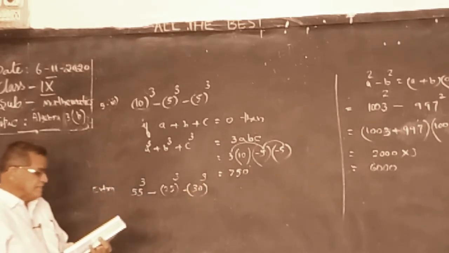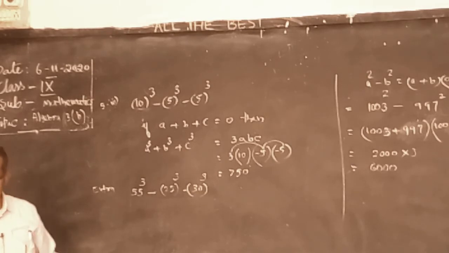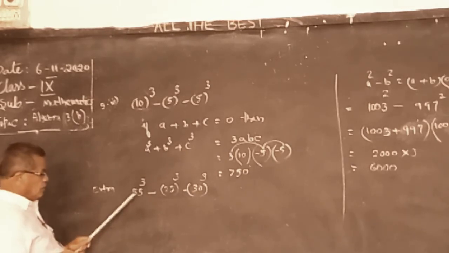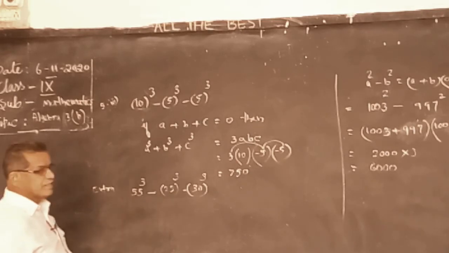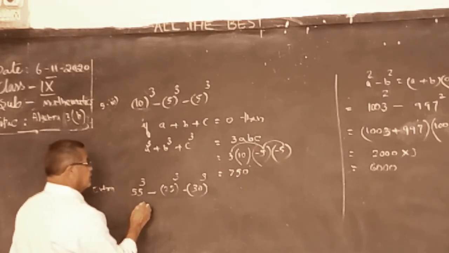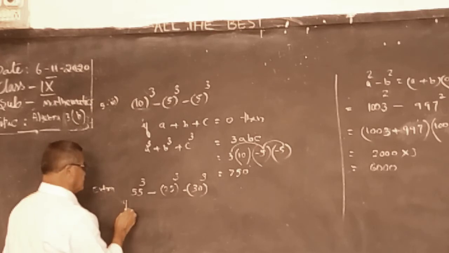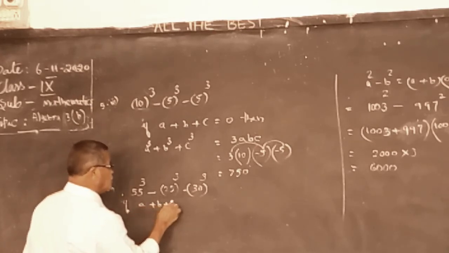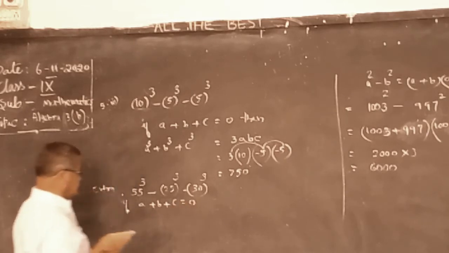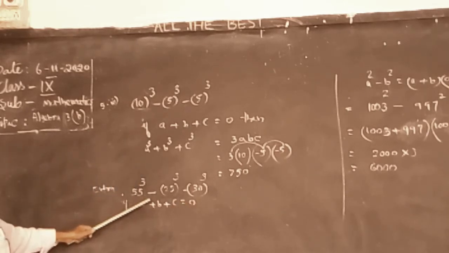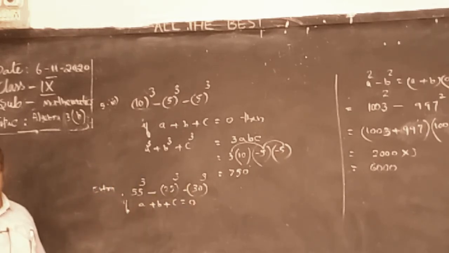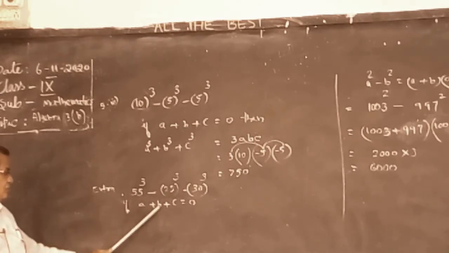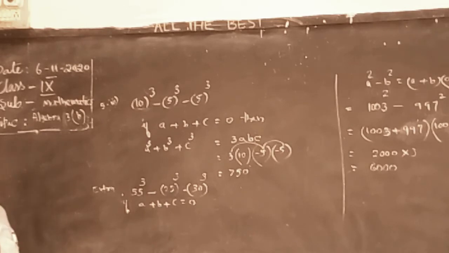Now we can write its value easily. Here a plus b plus c is 0, so apply the formula. Now 55 minus 25 minus 30 becomes 0.